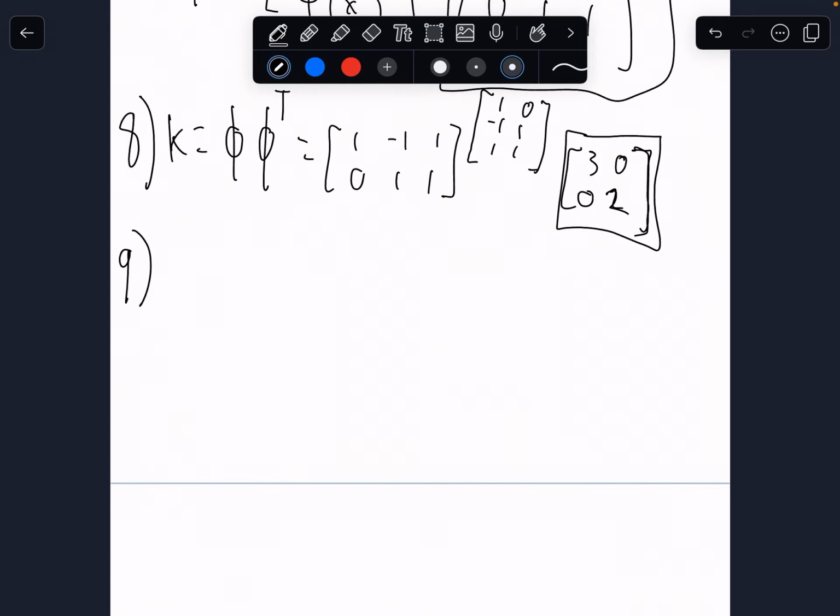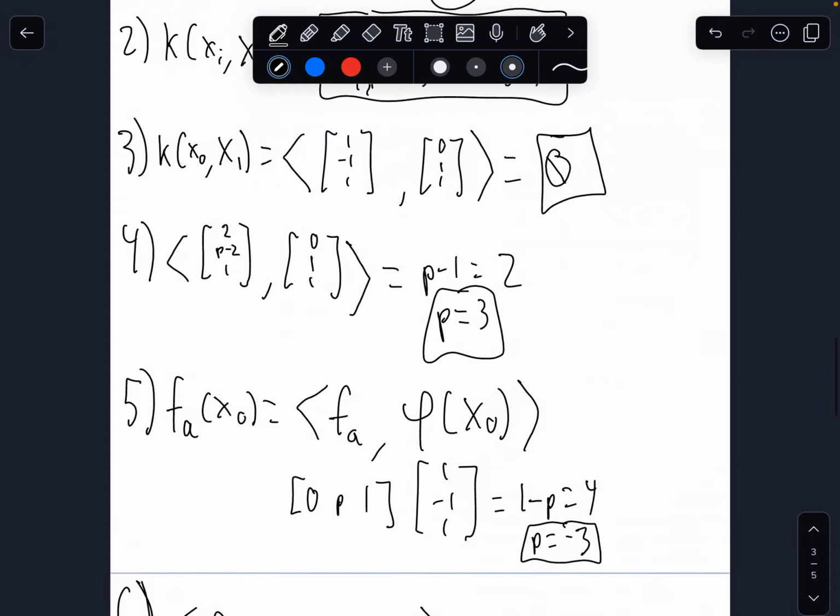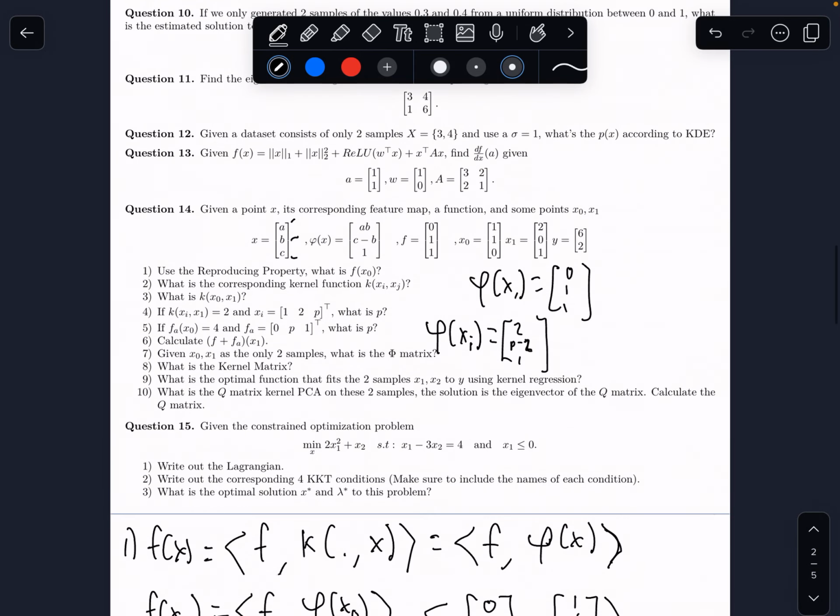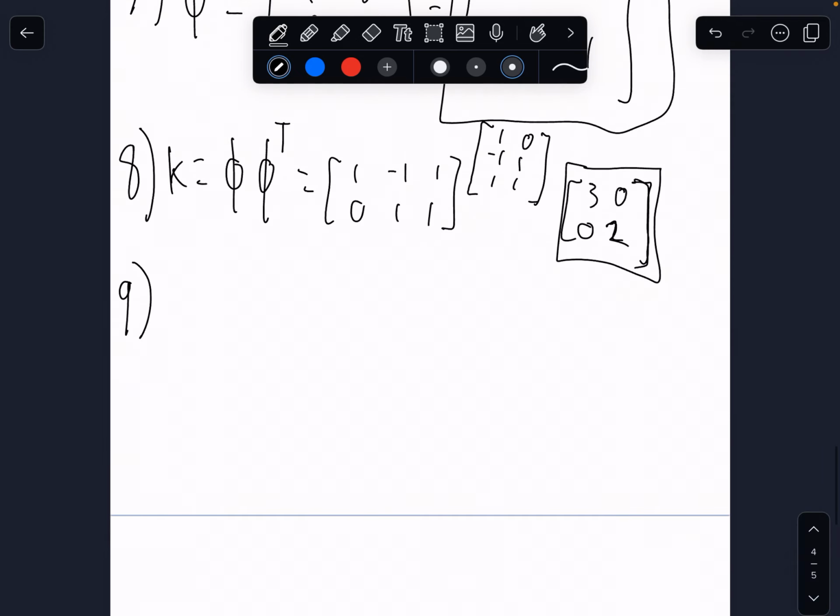Okay, now part 9. What is the optimal function that fits the two samples, x1, x2, to y using kernel regression? Okay, we think about this. Yes, so it's just K times alpha equals y.